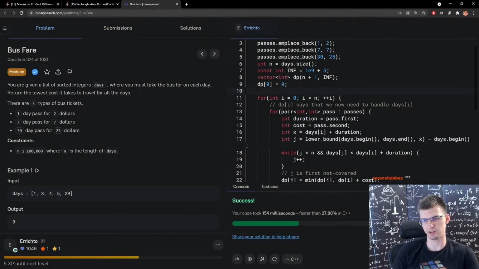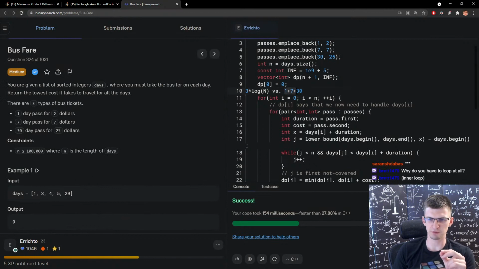So it's like comparing 3 times log of n versus 1 plus 7 plus 30 increments by 1. This is actually smaller. And even more, for a sequence without consecutive elements, it will be faster than 30. While this new version, sure, it seems better, but it's always log of n.